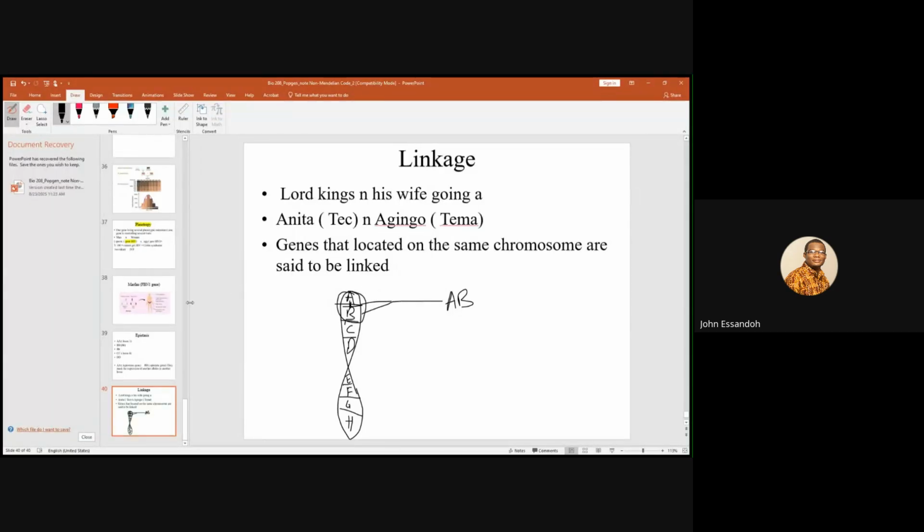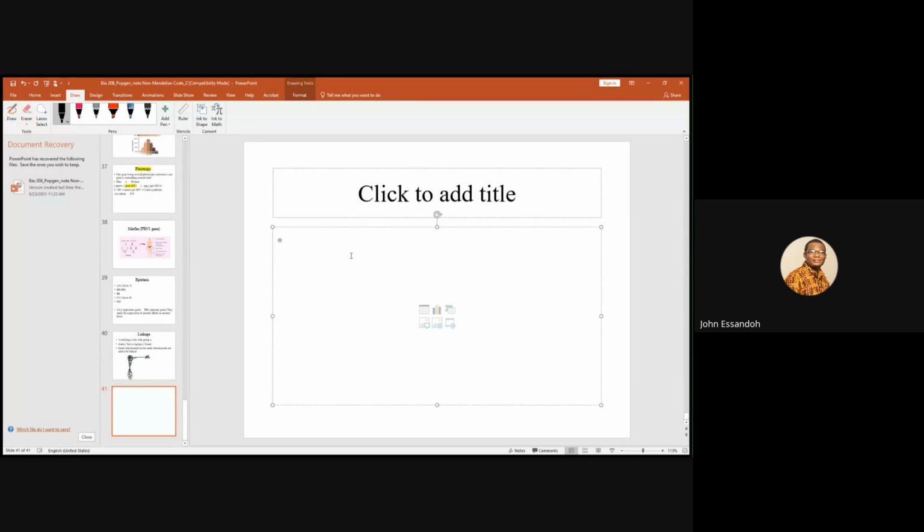Let me give you a simple analogy. Let's say crossing over between gene A and gene B is 10%, and crossing over between A and C is 40%.